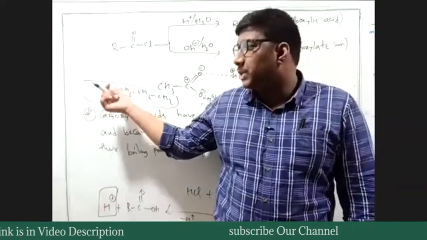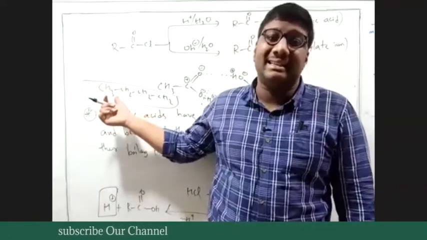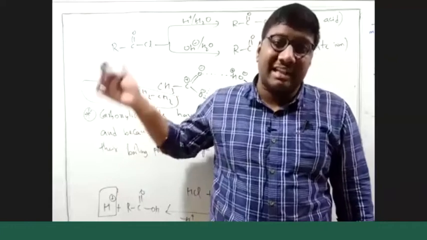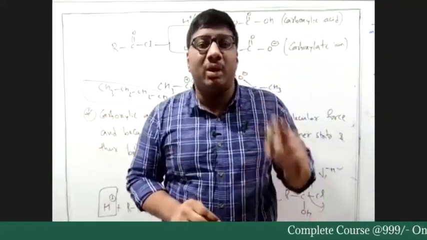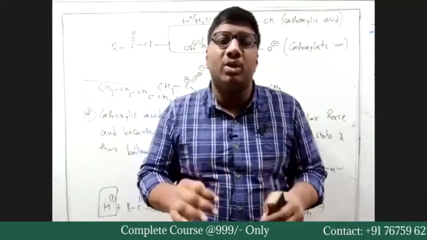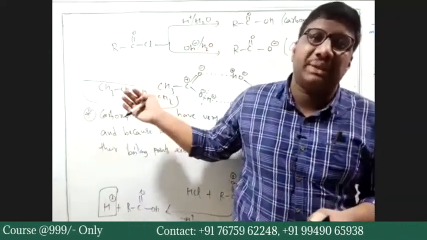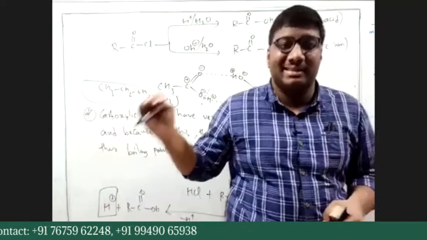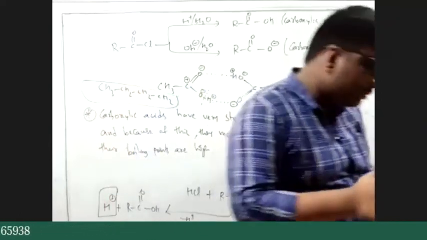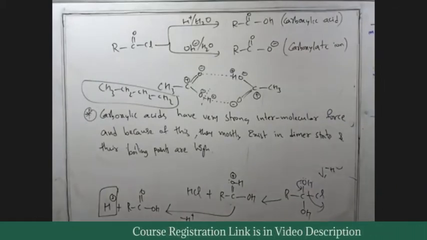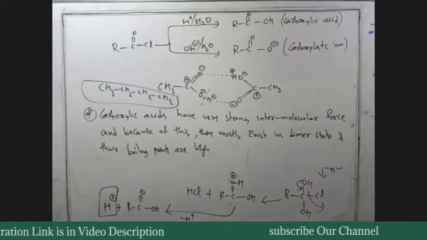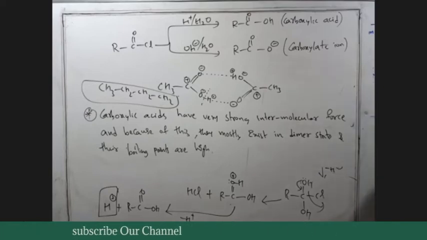So when you increase the chain length, the solubility of the respective acids in water decreases. So lower carboxylic acids are more soluble compared to higher carboxylic acids. Is that statement clear? So the solubility and boiling points, clear or not?